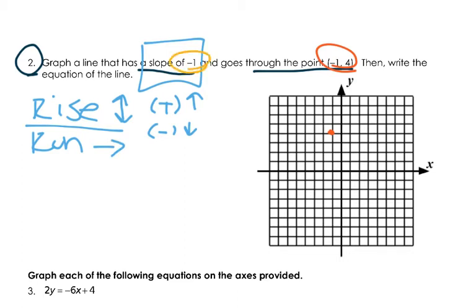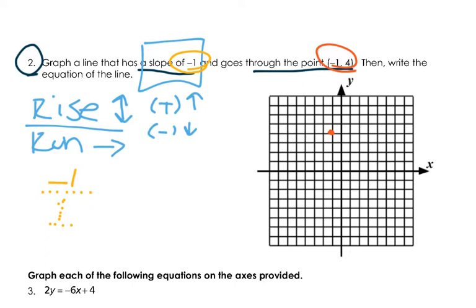Since -1 is negative, you know your rise is going down. Think of -1 as -1 over that invisible 1 we don't see. Remember, every whole number is actually a fraction that's over 1 that we don't see.